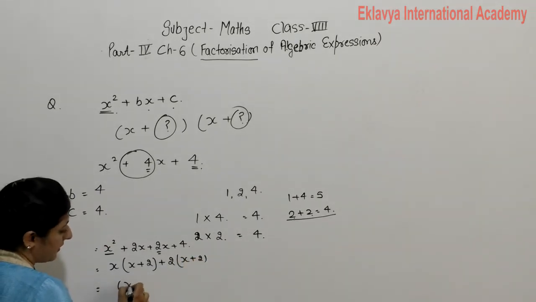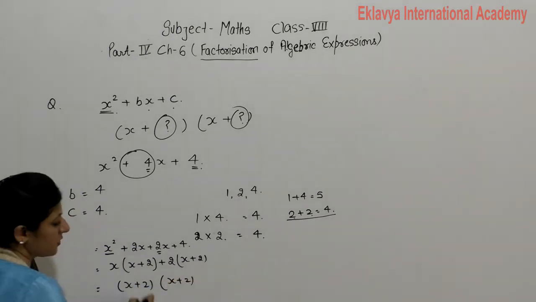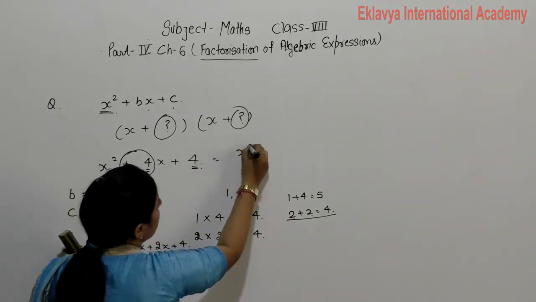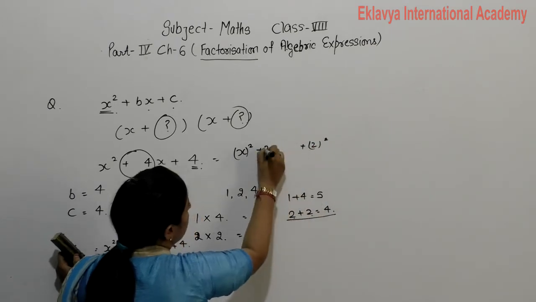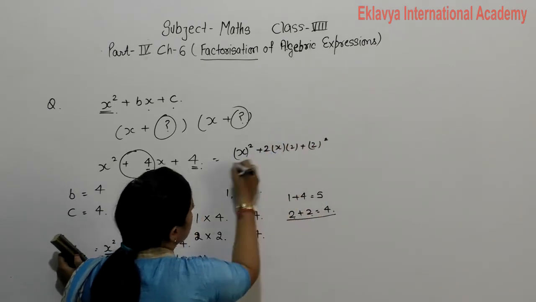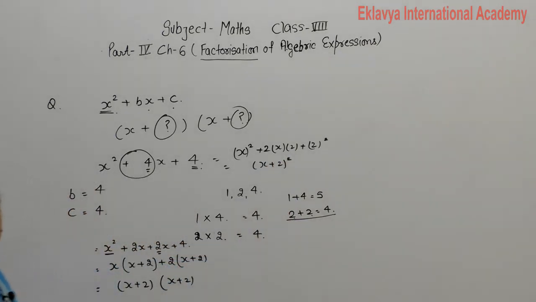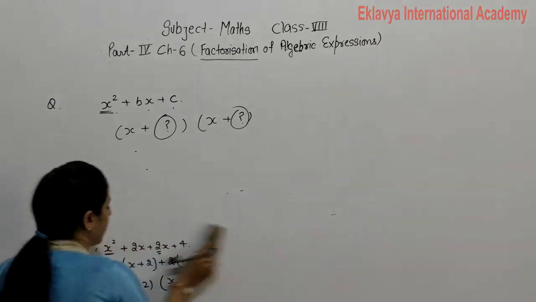This becomes x plus 2 into x plus 2. Or you can solve this question by the identity x whole square plus 2 whole square plus 2 into x into 2, which means it is x plus 2 whole square. Okay, we will take another example for more clarity.